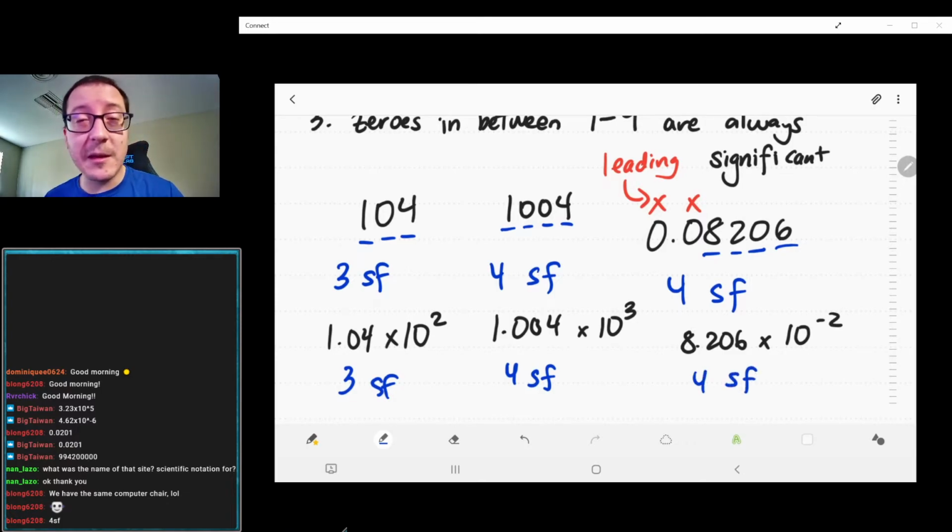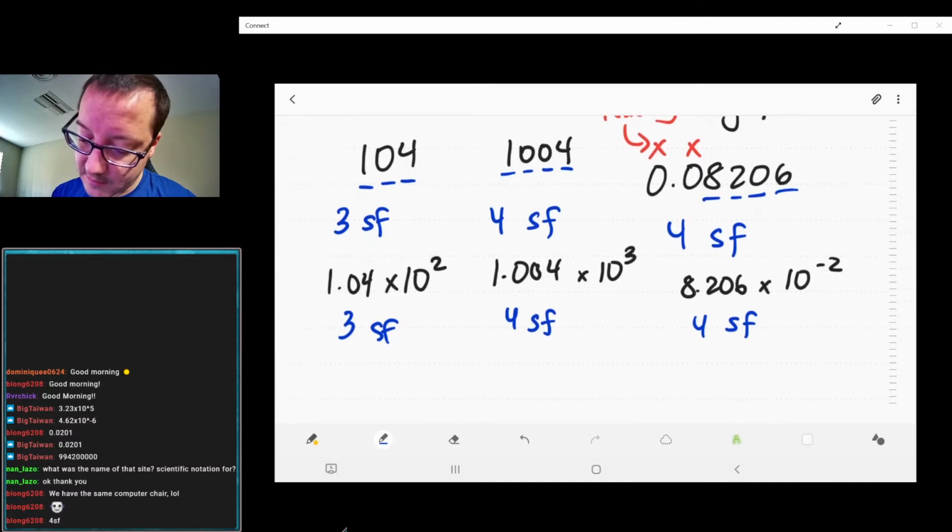So if you can put something into scientific notation, everything is significant. Easy. You win. So then you don't have to worry about stuff anymore. Okay? So far, so good. We'll have plenty of practice with this.